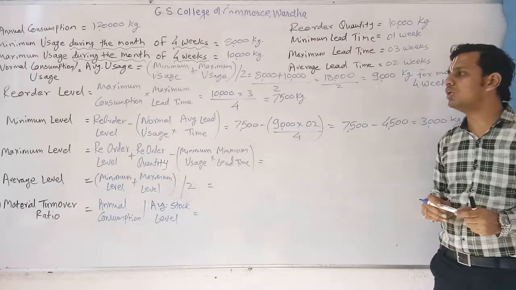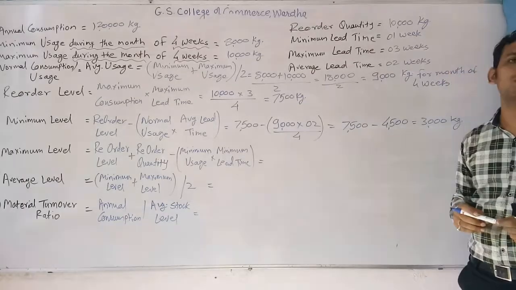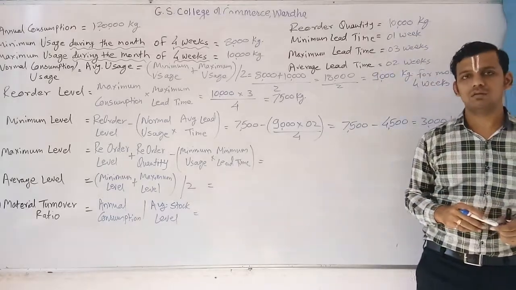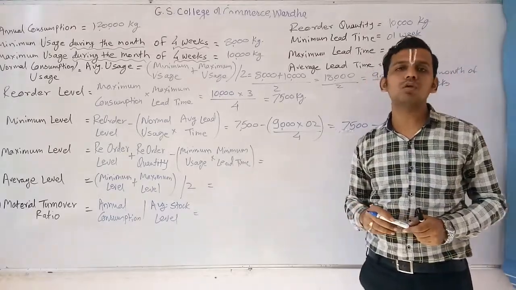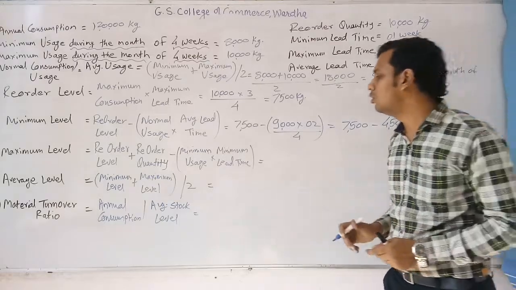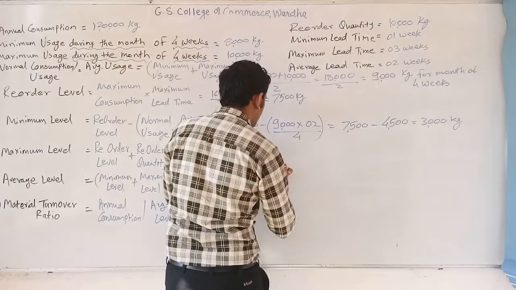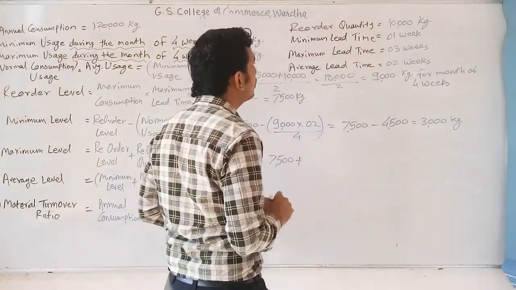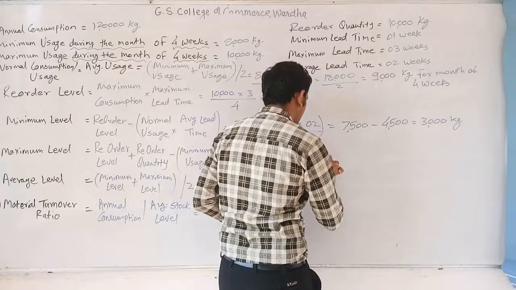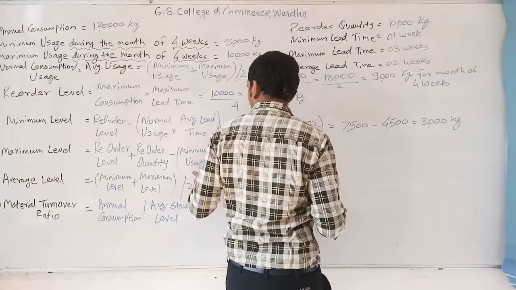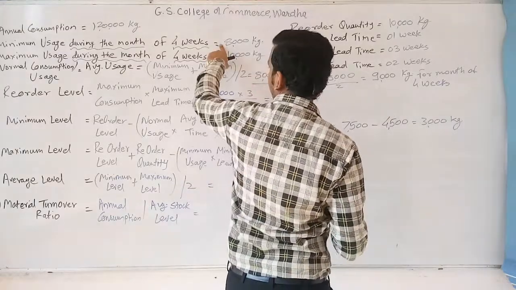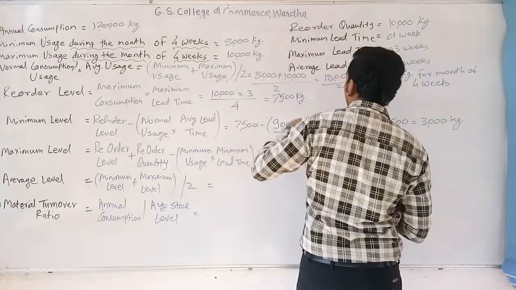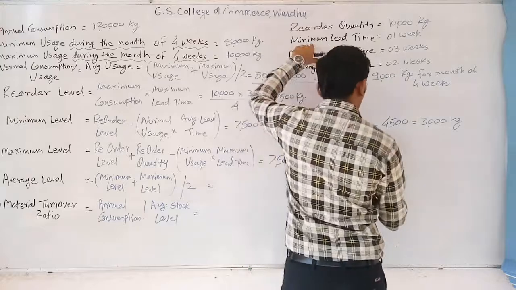Now we will move to the maximum level of stock. The formula says that reorder level plus reorder quantity minus, in bracket, minimum usage into minimum lead time. Reorder level we have calculated is 7500 kg plus reorder quantity was 10,000 minus minimum usage on the monthly pattern is given as 8000 kg multiplied by minimum lead time of 1 week.